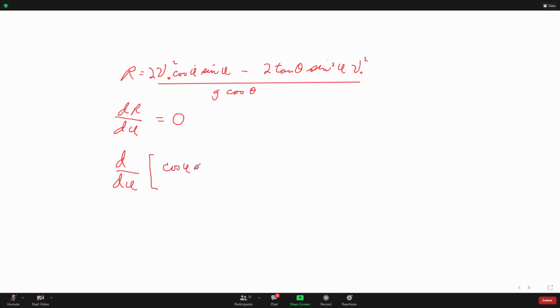Cosine phi sine phi minus tangent of theta, and theta again is a constant, sine squared phi. So who would like to do that differentiation for me?